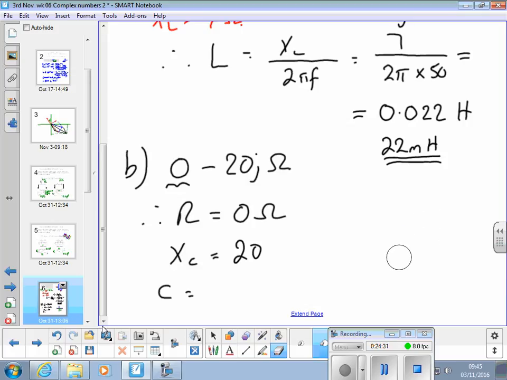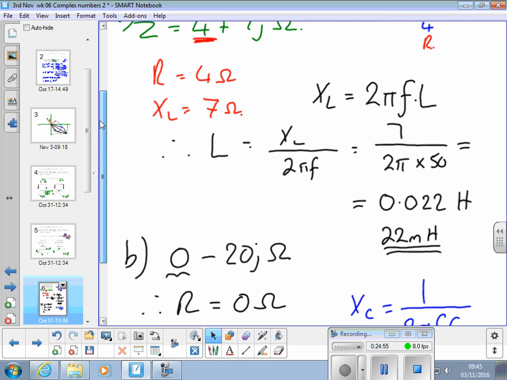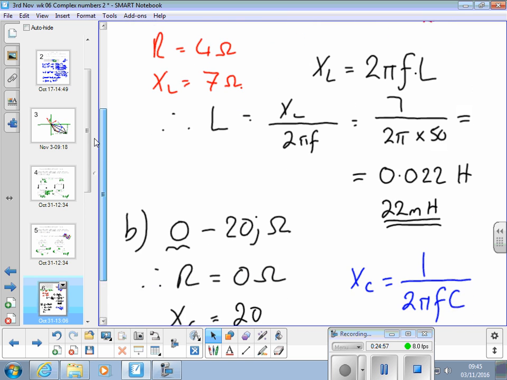You're not expected to remember them. XC is also equal to 1 over 2 pi F C. So you can find the capacitance by rearranging that formula. Look at the two. XC is 1 over, XL is just multiplied by.